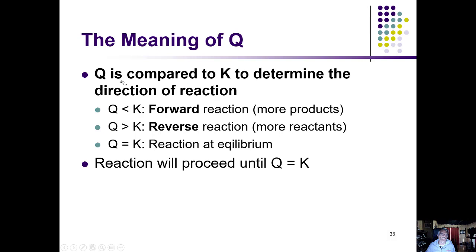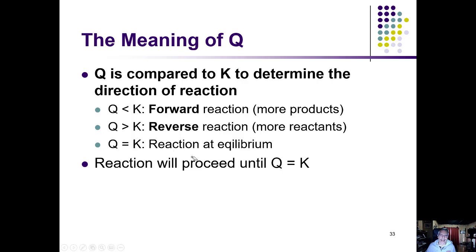The meaning of Q. Q is compared to K to determine the direction of the reaction. If Q is less than K, the forward reaction happens to the greater extent. We need to make more products. If Q is greater than K, the reverse reaction. We need more reactants to get to equilibrium. And if Q is equal to K, you're good to go.